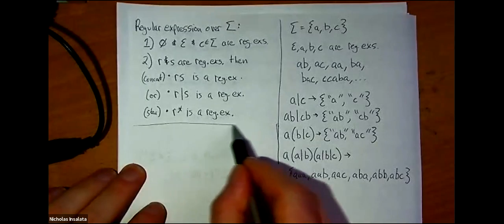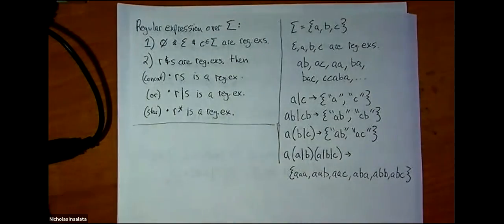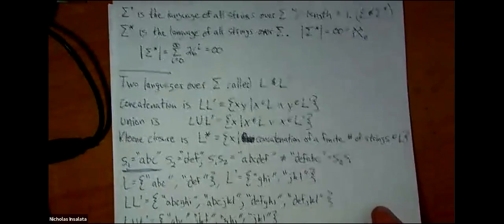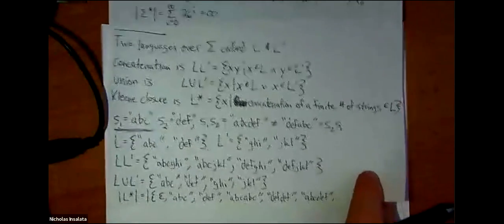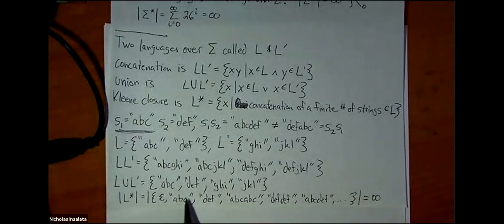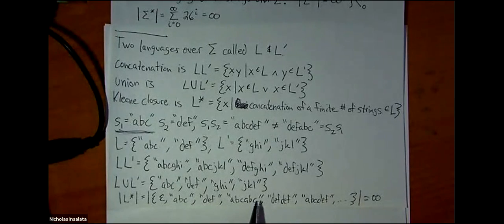Okay. Let's incorporate the star, right? So remember, the star of a language is any number of repetitions of the contents of the language, right? Of the words in the language, or the strings, and strings and words are the same thing, right?